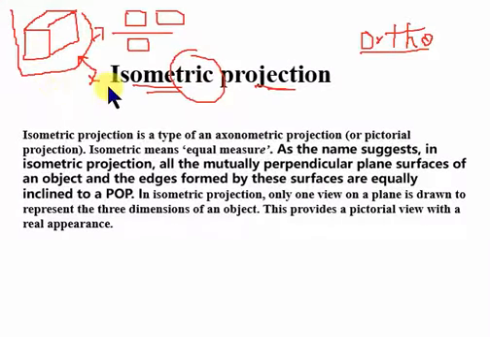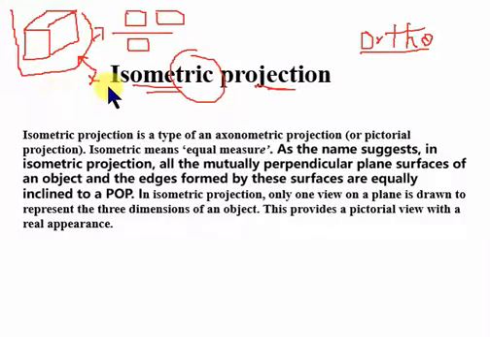Say I am saying this is an isometric line, this is an axis, this is an axis. This is a parallel line, this is a parallel line, this is a parallel line. The lines which are not parallel to these axes, those we call non-isometric lines.